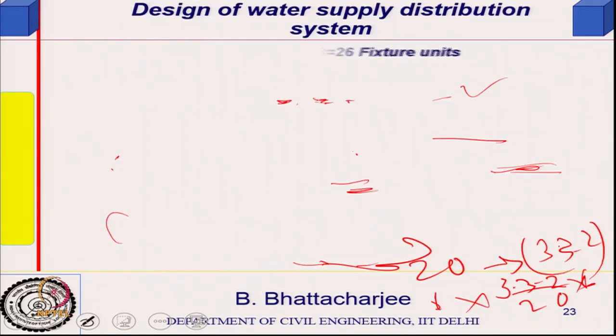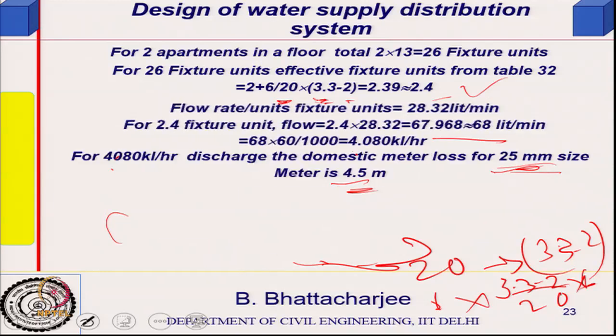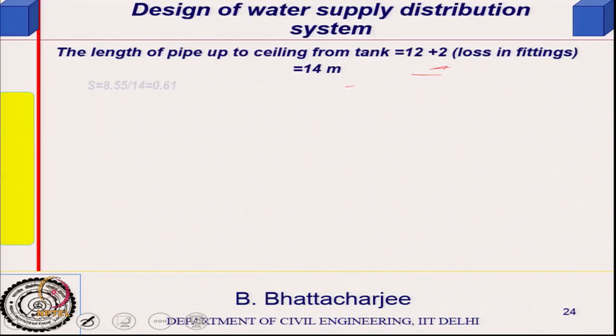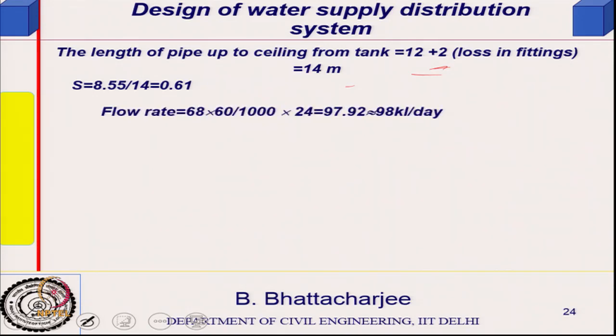So we are trying to calculate the length of the pipe up to the ceiling from the tank: ceiling 12 plus loss in fitting is 14. So up to ceiling level is this at 8.55 divided. So S comes out to be this.